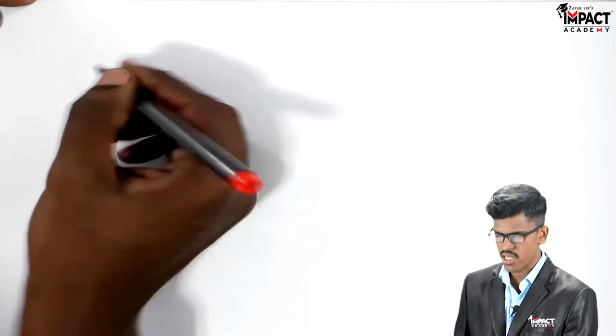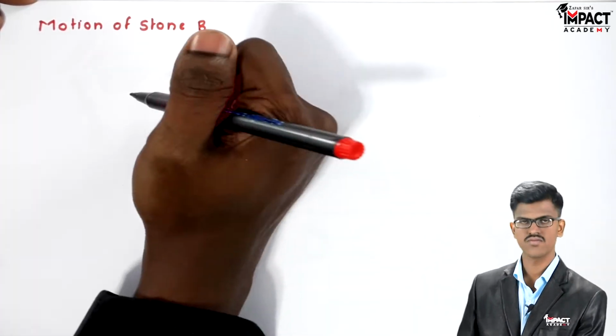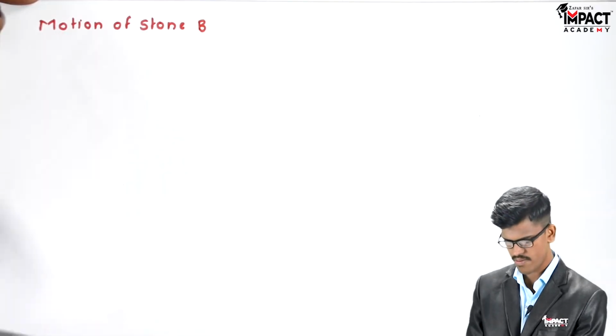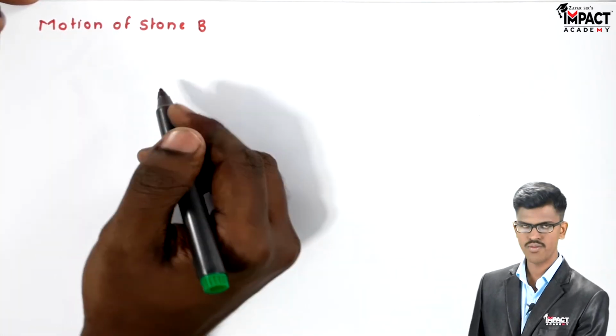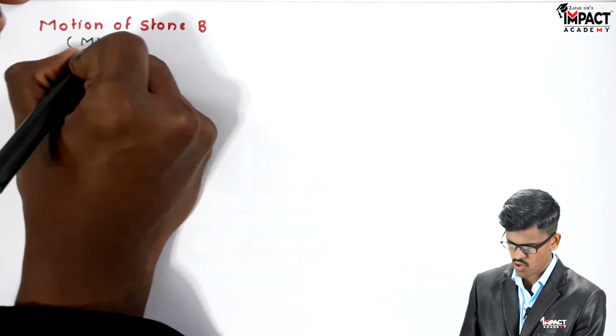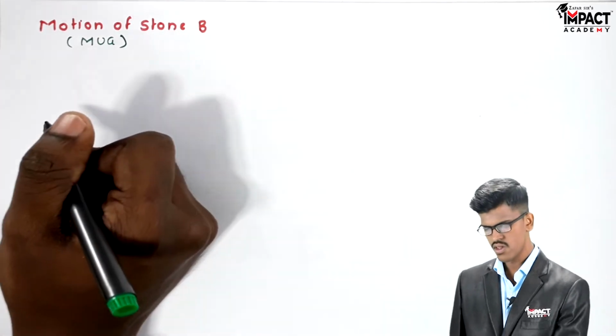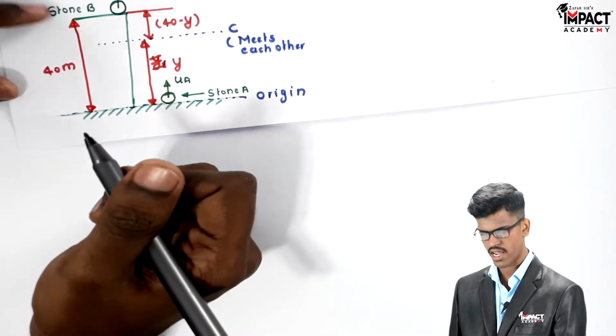Now first consider the motion of stone B. The motion of stone B is a motion under gravity, MUG.